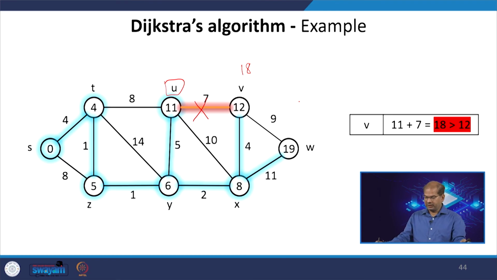Now, after that, if I have 12 here, 12 plus 9 is what? It is 21 and here it is 19, okay. So, here it is 21, now already it is 19. So, 19 is the smallest, so 19 will be selected, 21 will not be selected.